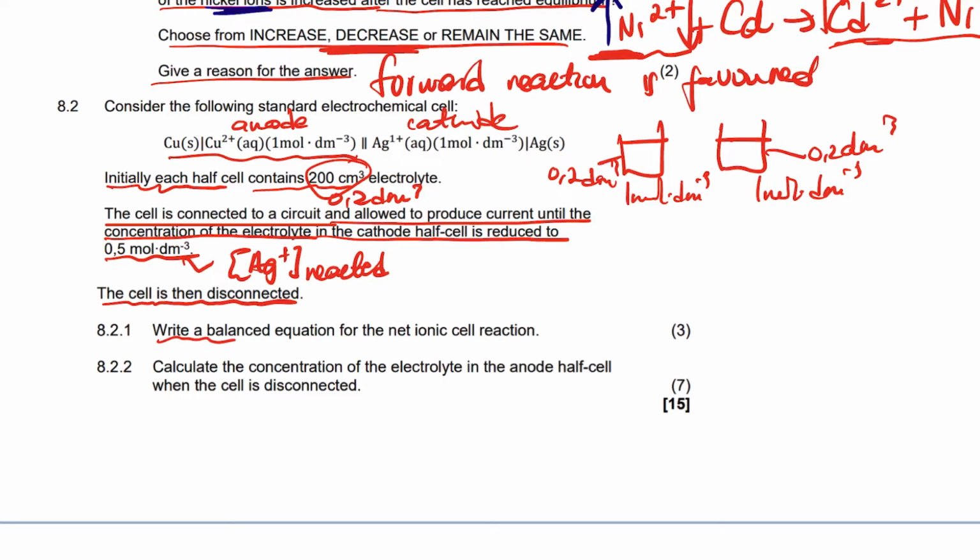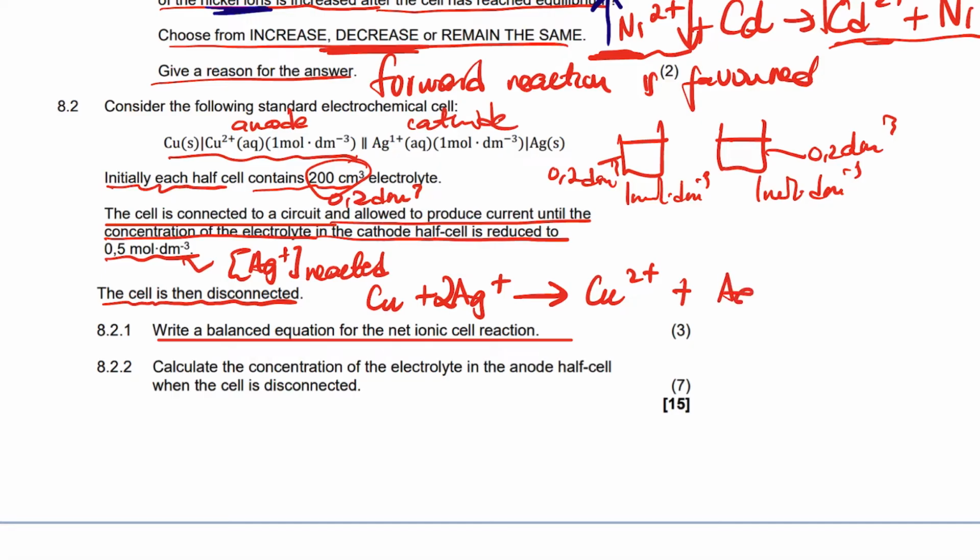They said write down the balanced net ionic equation. We know what is oxidized is Cu, and what is reduced is silver. It's 2 silver ions, and then Cu2+. When the copper is oxidized, it goes to Cu2+, and the silver ions, 2 of them, are reduced.